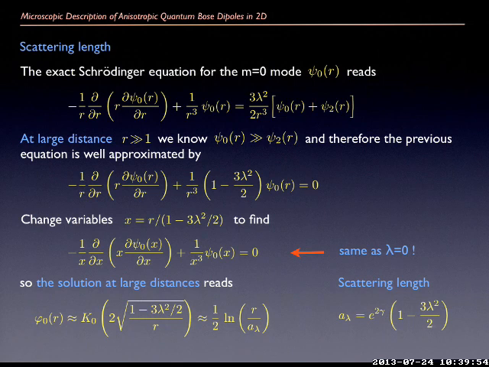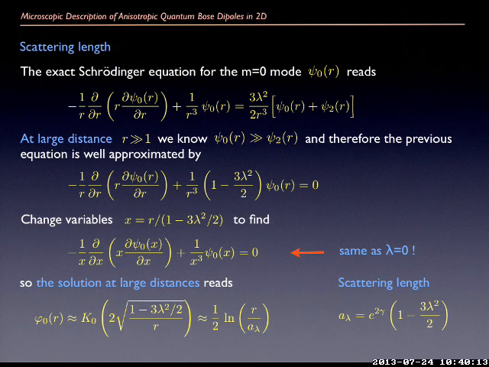You solve it, and you get an expression for the scattering length. Comparing it to the asymptotic expansion of the zero energy solution of the two-body problem in 2D, in general, you get an expression for the scattering length, which is this one.